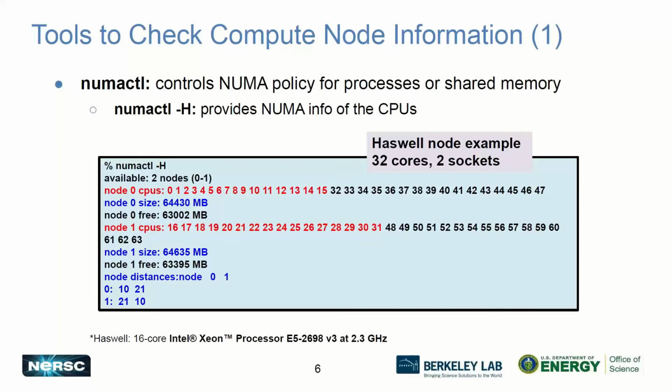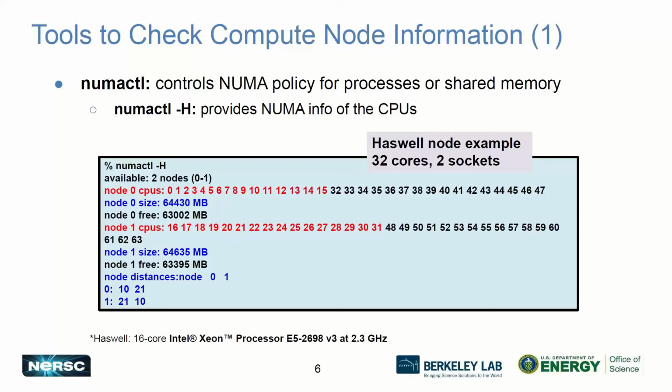It tells you how many CPUs and what the CPU numbers are in each NUMA domain. There's 0 and 1 here, 2 NUMA domains, and the bottom node distance is a relative number for accessing memory. So it's a 2x2 matrix, and accessing from NUMA domain 0 to 0 or 1 to 1 is faster, and from 0 to 1 or 1 to 0 is slower in this example.